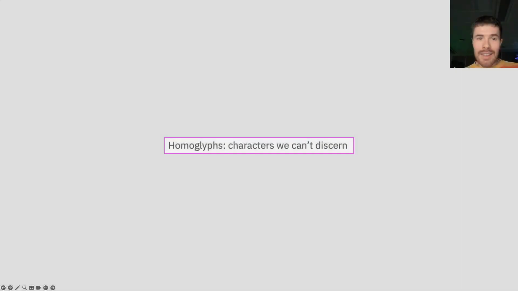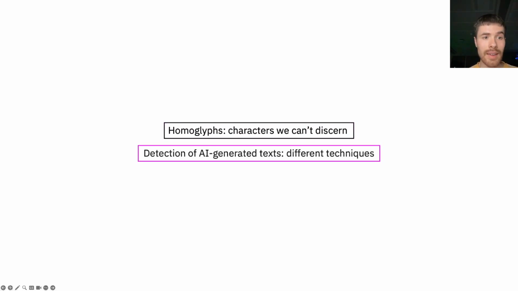And that brings me to the end of the presentation, and to the recap. You remember we had those pink boxes. So let's go back to them and remember what we talked about. First, we talked about homoglyphs, characters that we can't discern. We don't really know if they are a Russian A or a Latin A. And we also had a little bit of background on the detection of AI-generated text.